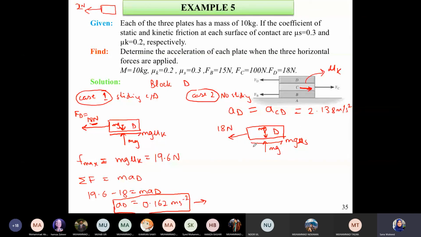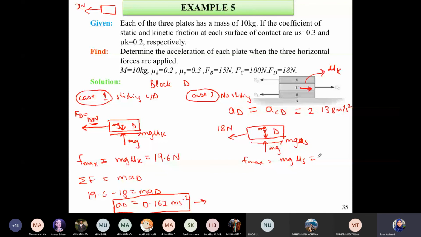So in this case I have my F max, which is mg mu s, no relative sliding. So I get, what do I get? 9.81 into 0.3.